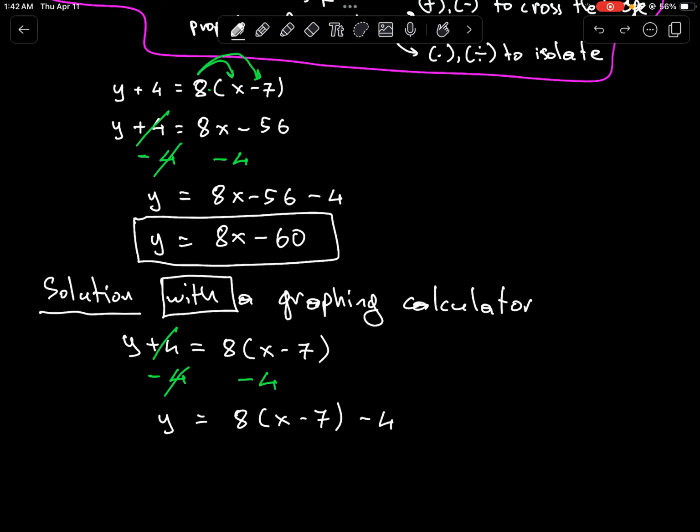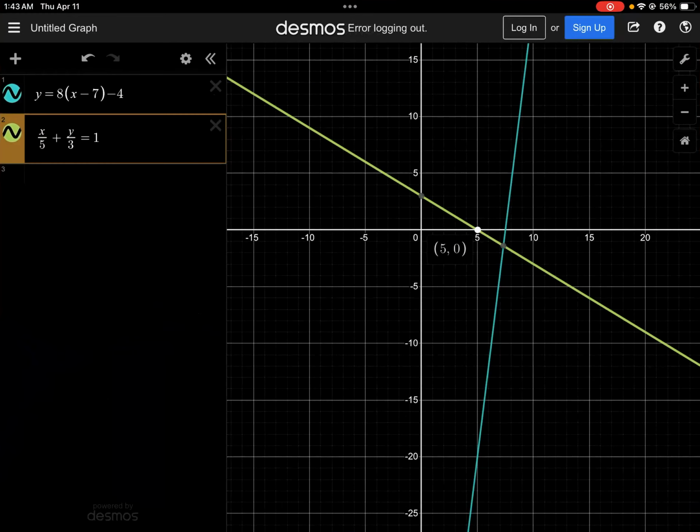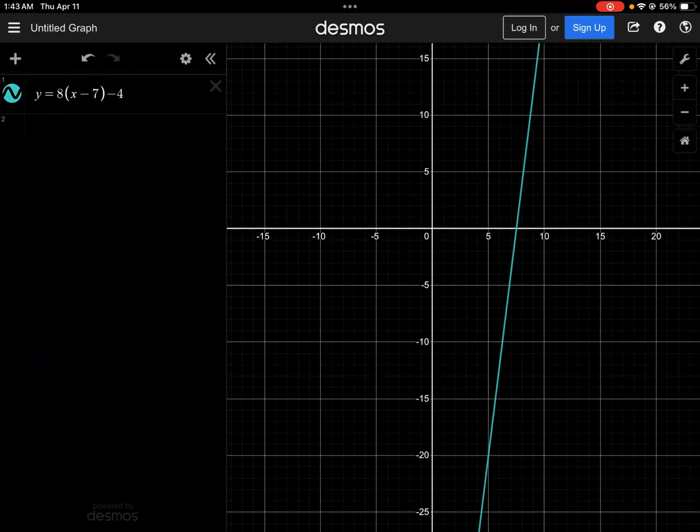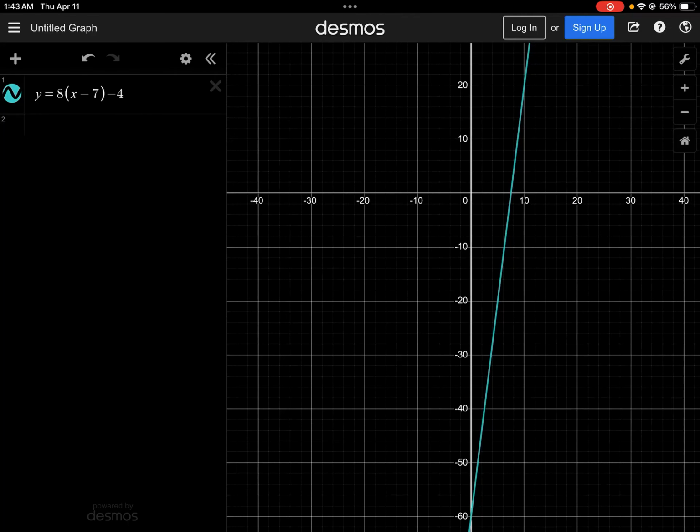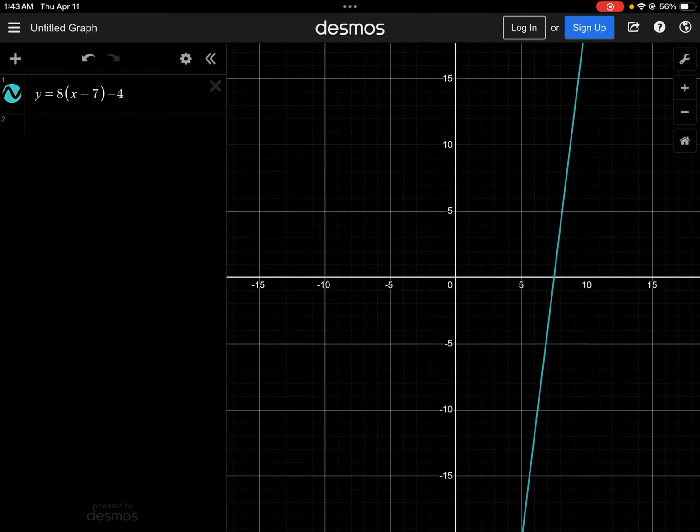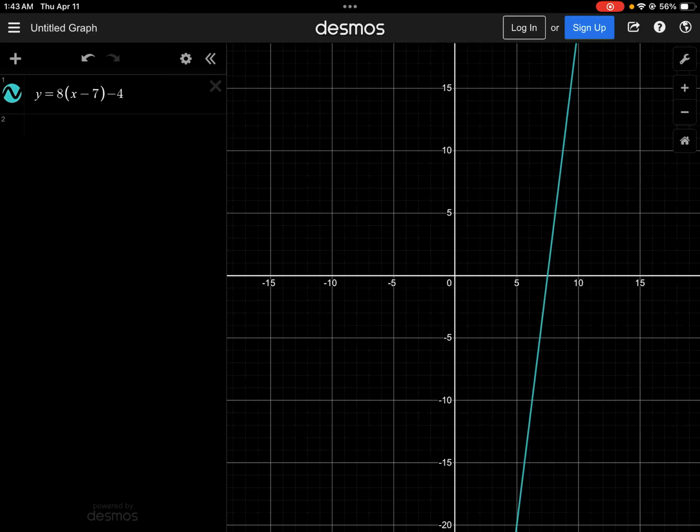Okay, so now let's put that on a graphing calculator. y is isolated, so I can do it. If I go to the graphing calculator and put it here, I have the graph. Okay, that's fine.